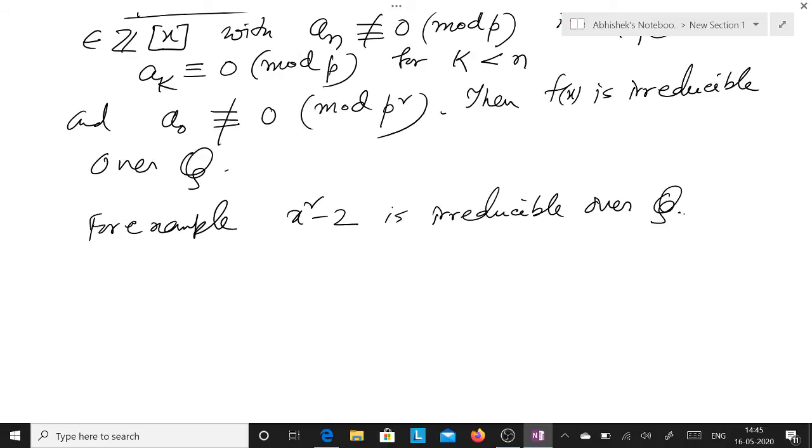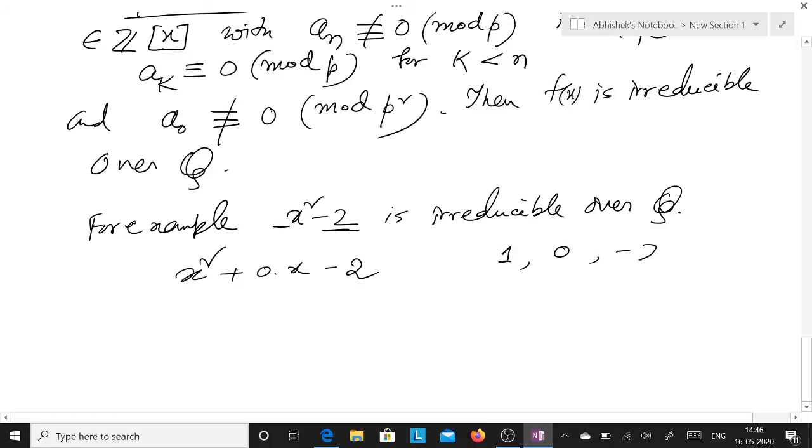For this reason, we need to carefully check the coefficients of this polynomial. So this polynomial can be represented as x square plus 0x minus 2. So the coefficients are 1, 0, minus 2. 1 is the leading coefficient.